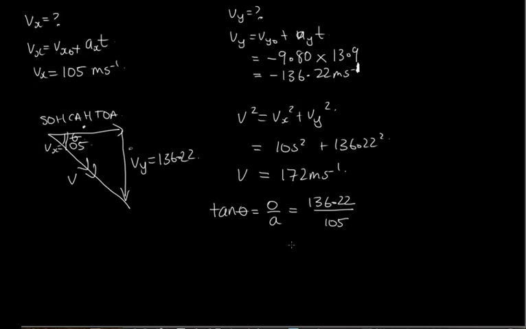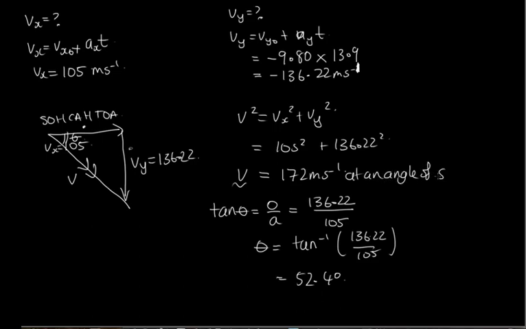Solving this to get theta, we've got the inverse tan of 136.22 on 105, and this is equal to 52.4 degrees. So we can say that the velocity is 172 meters per second at an angle of 52.4 degrees below the horizontal. Now we've solved that problem.